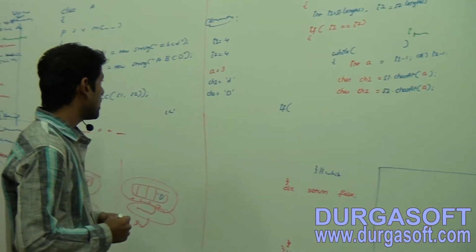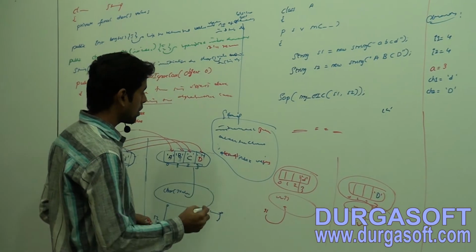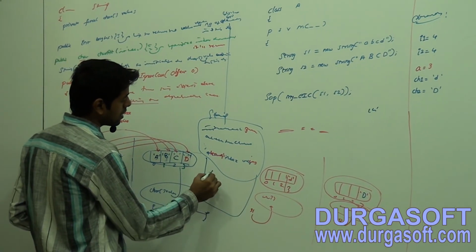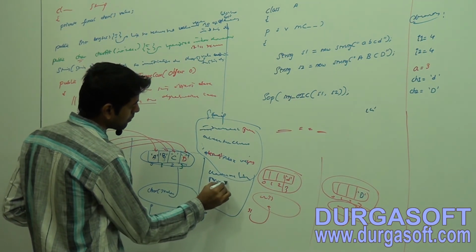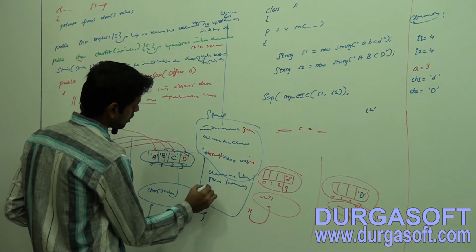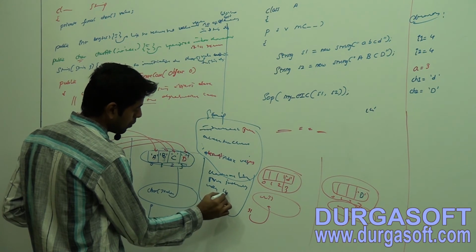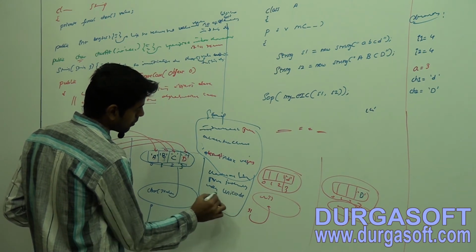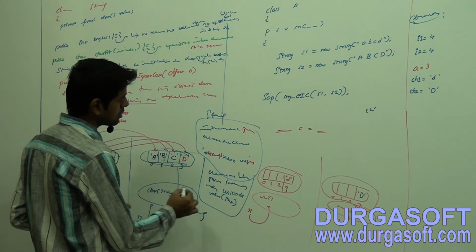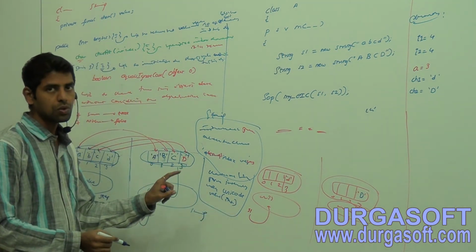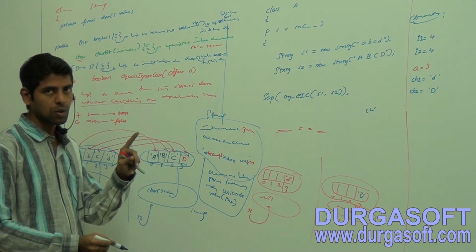Internally JVM will use one more small thing. Even in character literals, JVM internally uses Unicode values, which are of int type. All these Unicode values are int type.